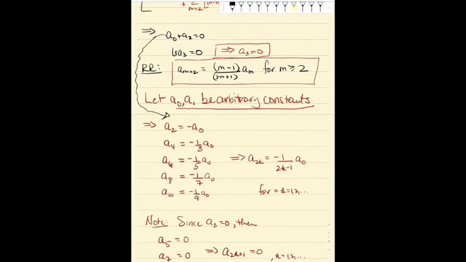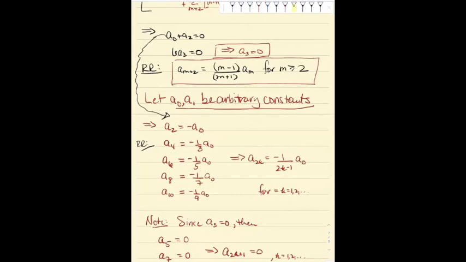And now once we have A2 in terms of A0, let's go back to our big recurrence relation. So this is our recurrence relation up there. I get A4 in terms of A2. That's m equals 2, so pay attention to that.